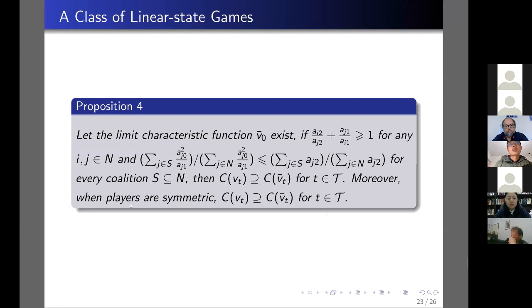Moreover, when players are symmetric, those two conditions are automatically satisfied. So we have the result that the initial core will contain the limit core for any t.